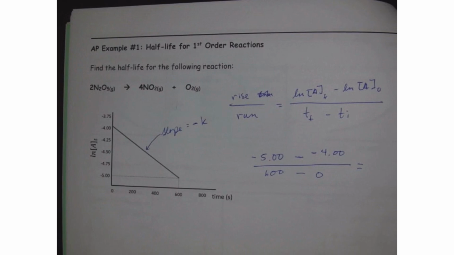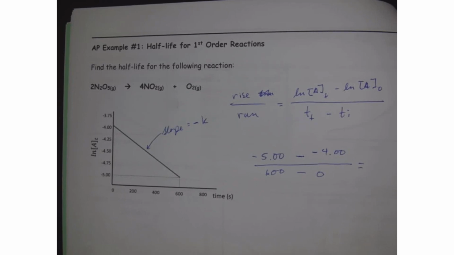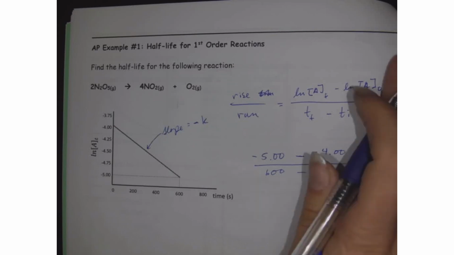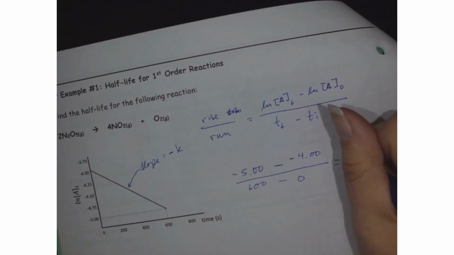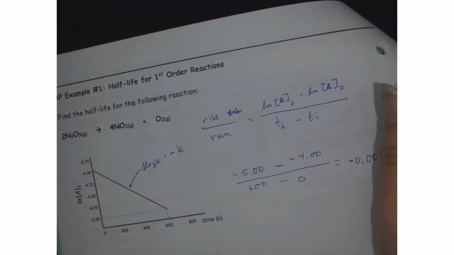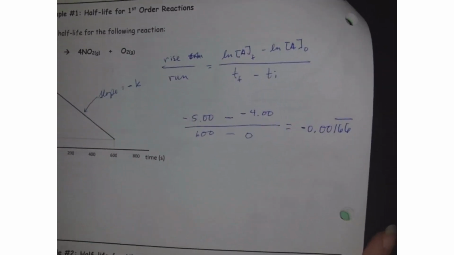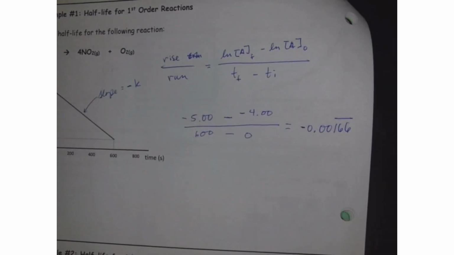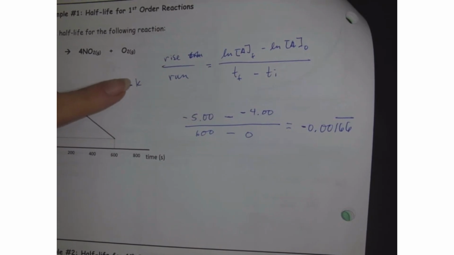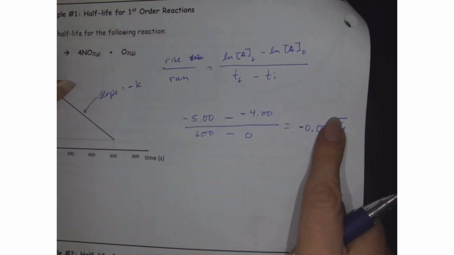Grab my calculator. Plug this in: -5 minus -4 divided by 600. This gives me -0.00166 repeating. Now remember, the slope of this line is equal to -k. So if we take the opposite of the slope, that's what k is.